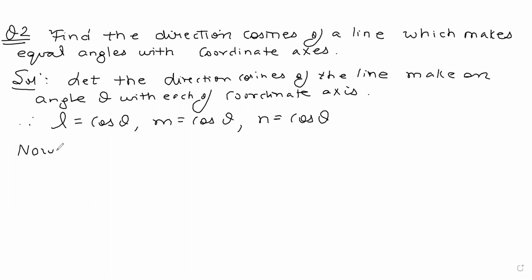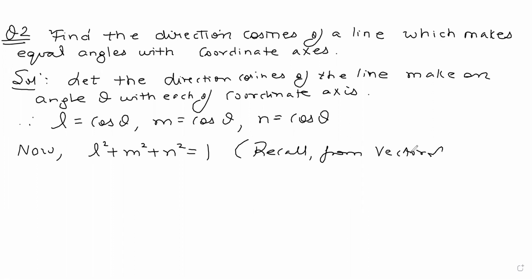Now, L square plus M square plus N square is equal to 1. All students can recall from the vector algebra lectures that the sum of the squares of the direction cosines is equal to 1.